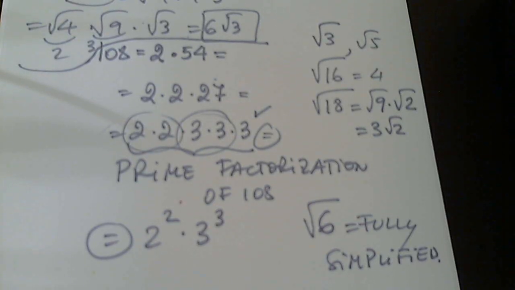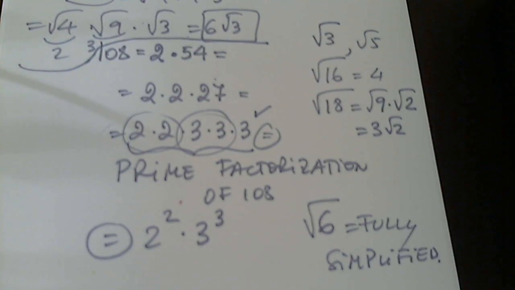So we have to read the second one no matter what. The square root of 108 is not simplified because 108 has the largest perfect square factor. Yes, in this case it is 36. 36 times 3. I broke it down even further, but it's 4 times 9, which is 36.